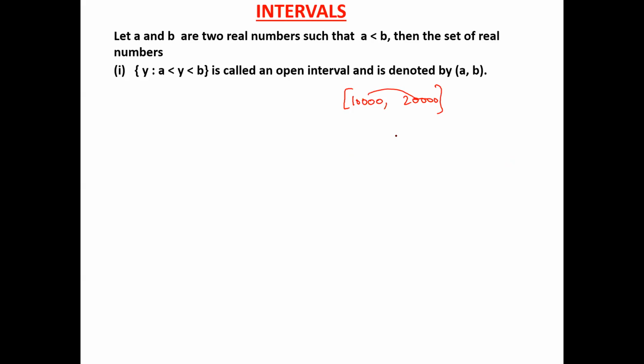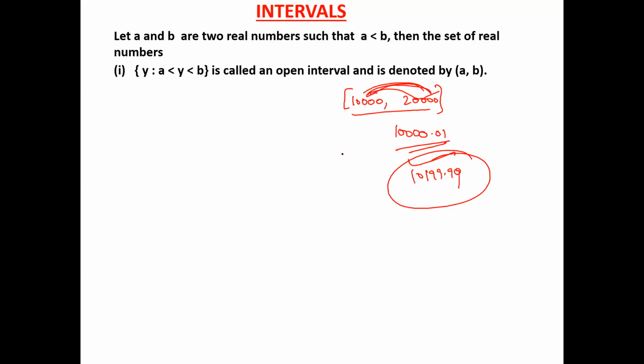It may be decimal, it may be 10,000.01, or it may be 10,199.99. So it can be any price, it can include decimals also. So we will not be able to say individually these elements are there. So between 10,000 and 20,000 both included, any price might be there. That is called an interval.